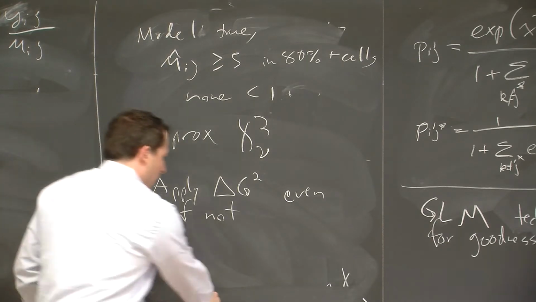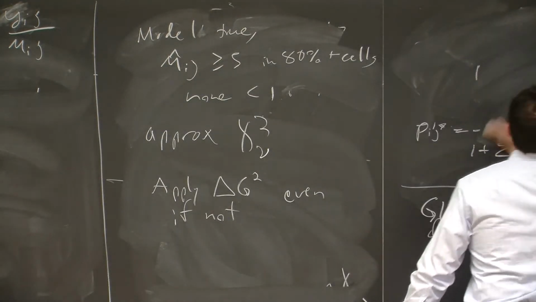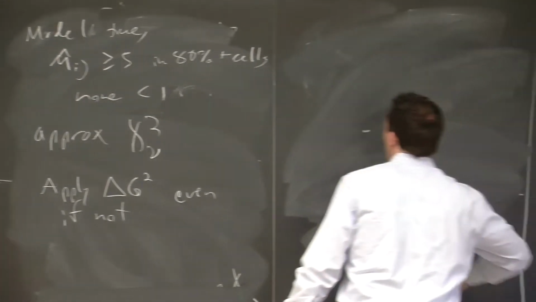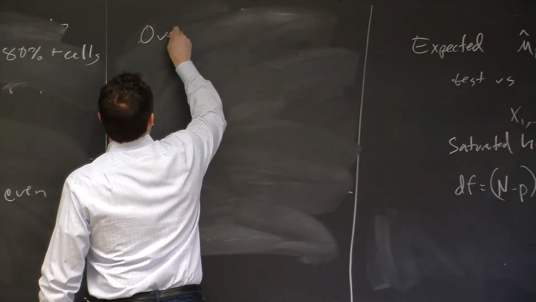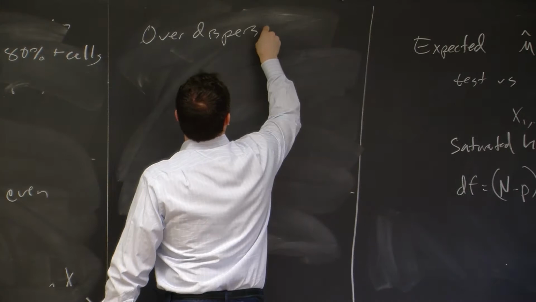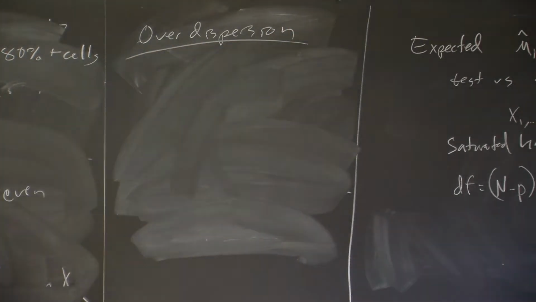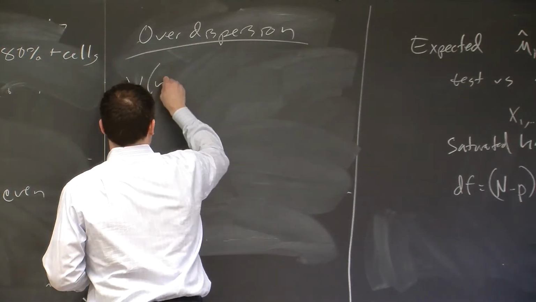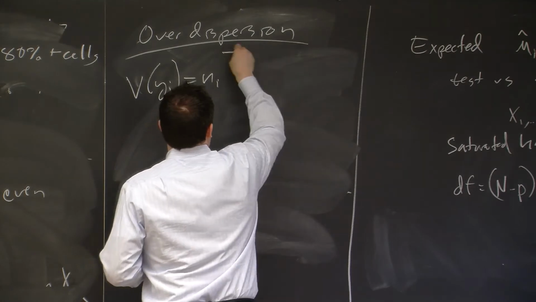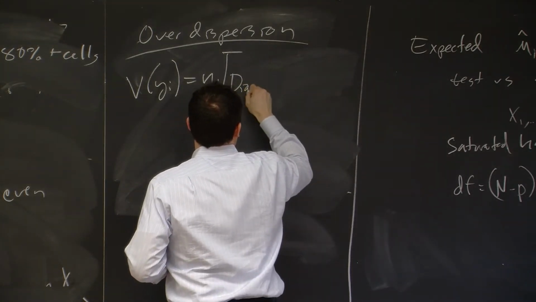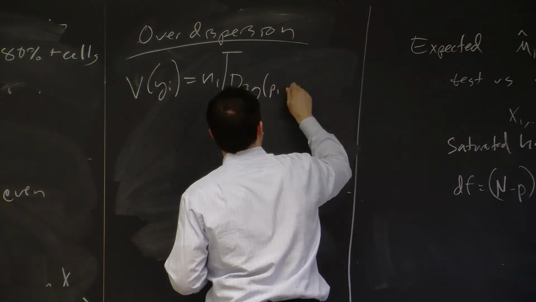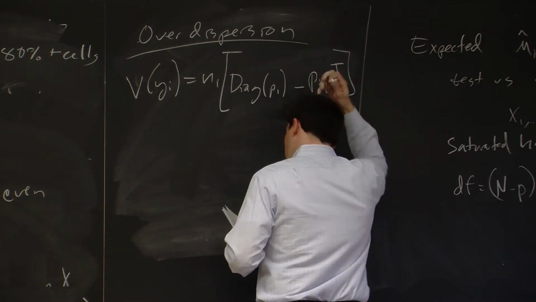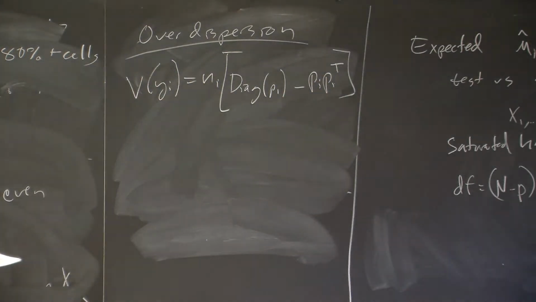We can also get overdispersion. So we have some covariance matrix, like that, our usual covariance matrix for a multinomial model.